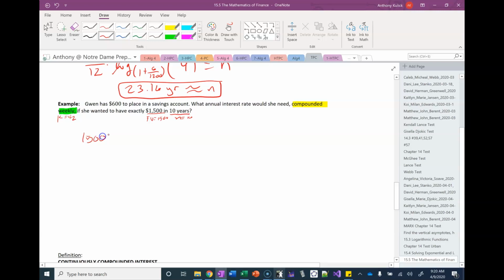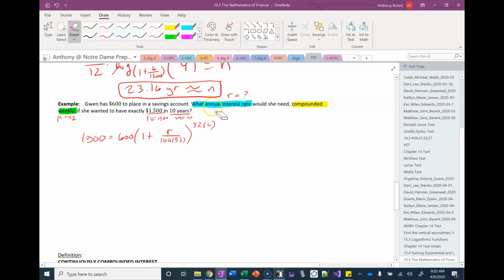So if we start writing this out, 1,500 equals 600 times 1 plus r, that's what we're solving for, over 100 times 52, to the 52 times 10.